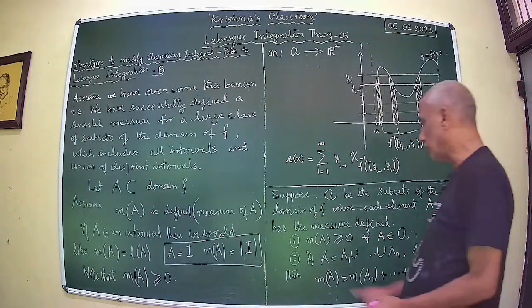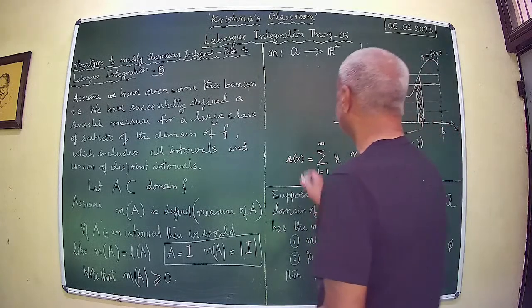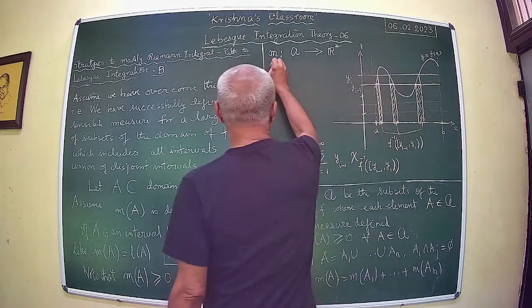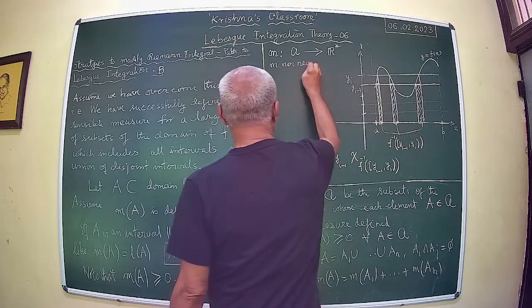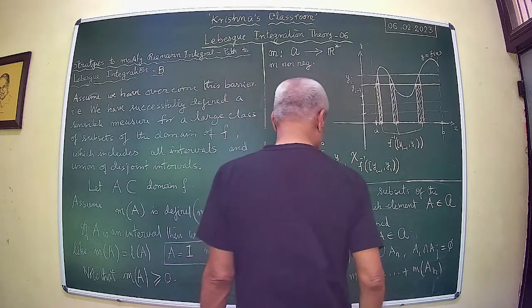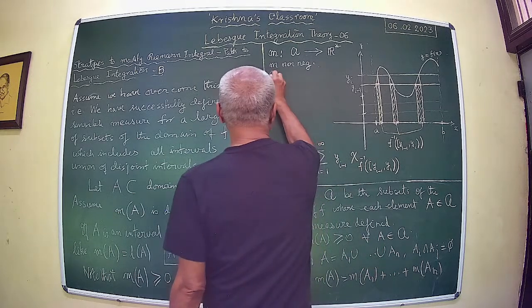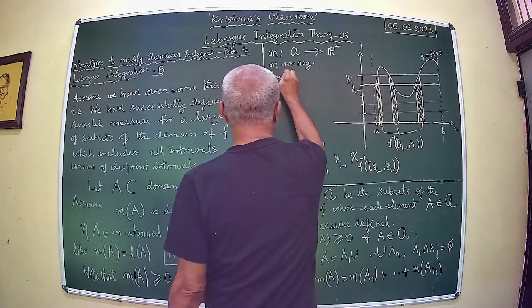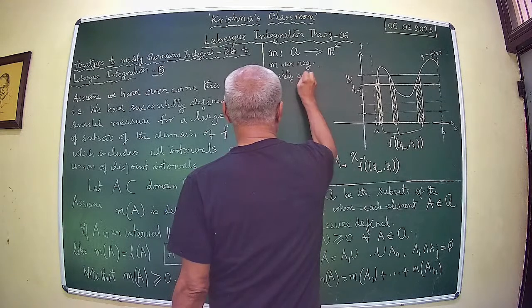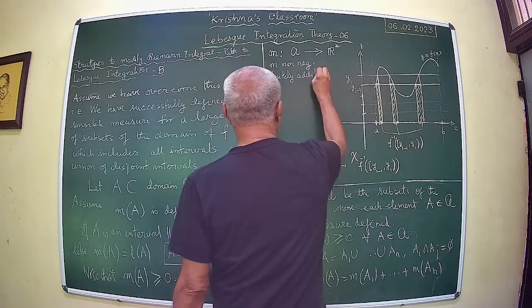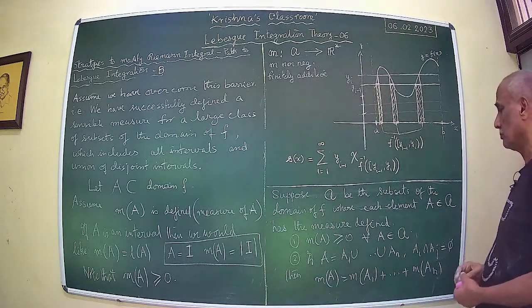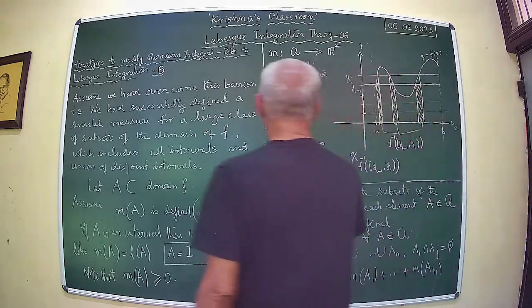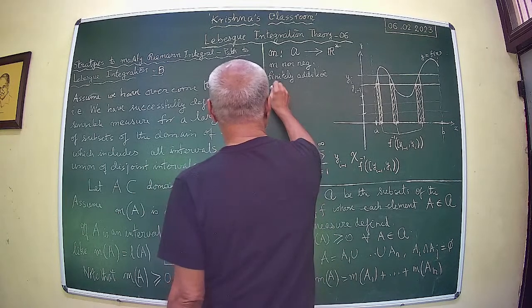Then, first of all, M is non-negative. Finitely additive. Then it should be countably additive.